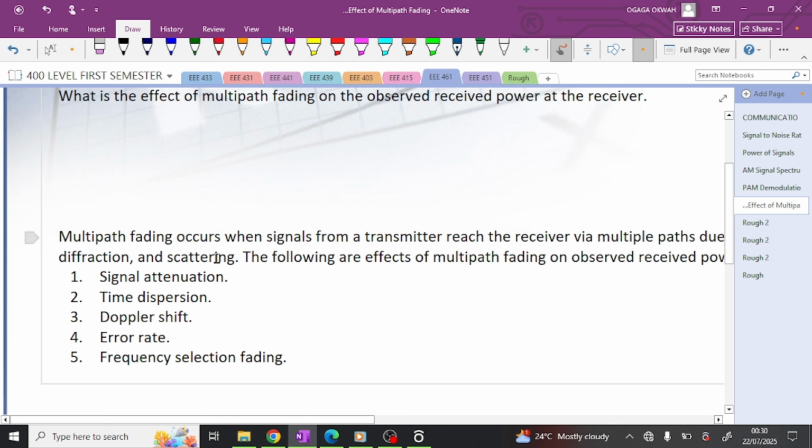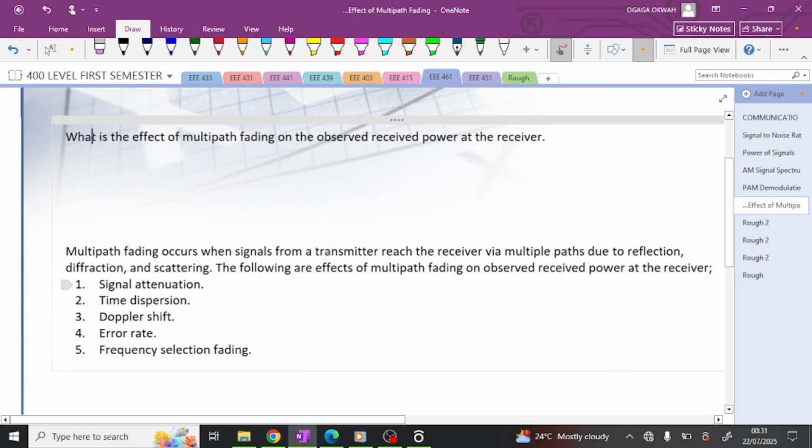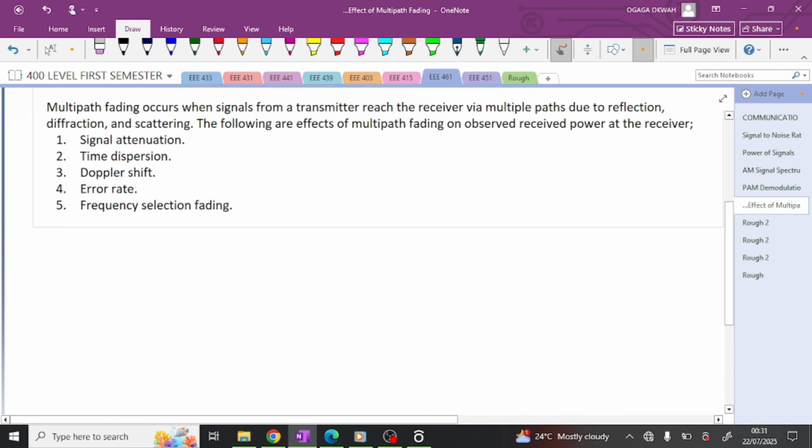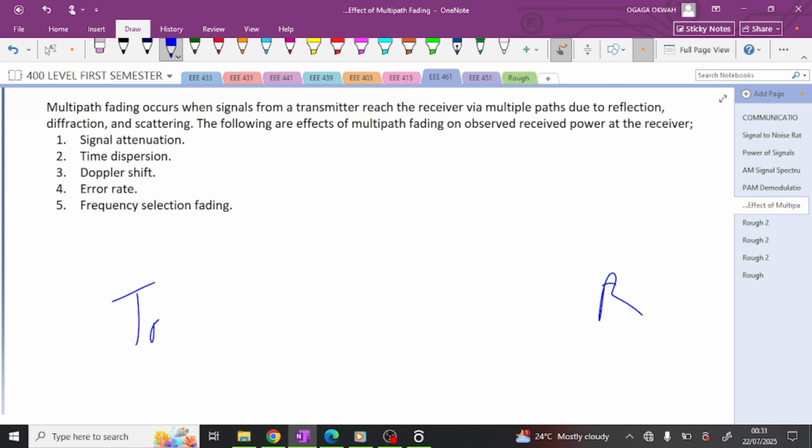Multipath fading occurs when signals from a transmitter reach the receiver via multiple paths due to reflection, diffraction, and scattering. Let's say this is the receiver and this is the transmitter.